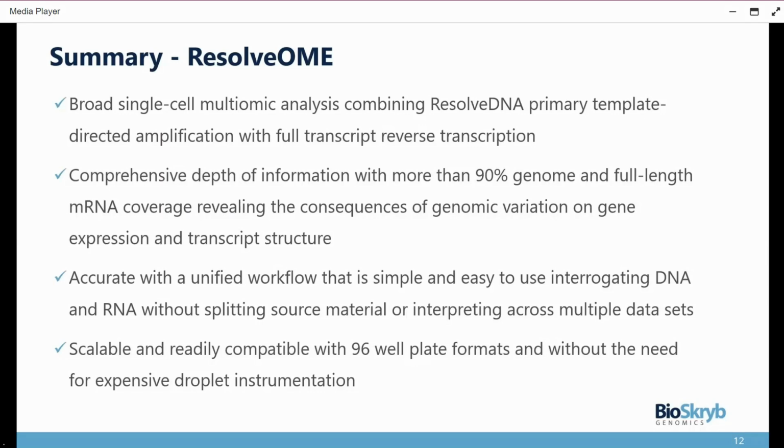And it's an accurate and unified workflow that is simple and easy to use, interrogating DNA and RNA without splitting source material or interpreting across multiple data sets. It's scalable and readily available with 96 well plate formats without the need for expensive droplet instrumentation.